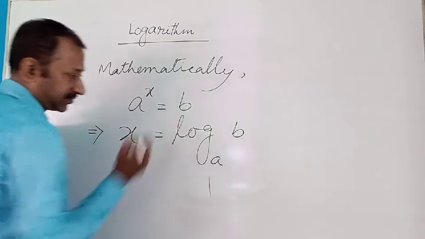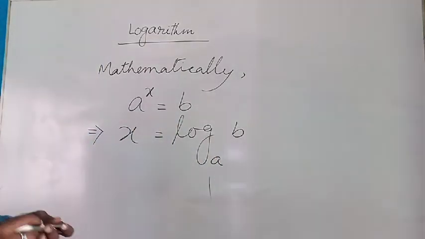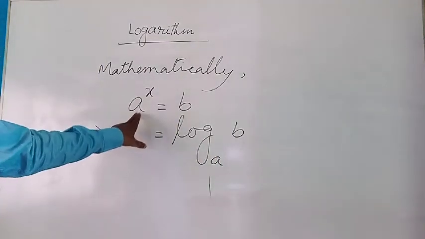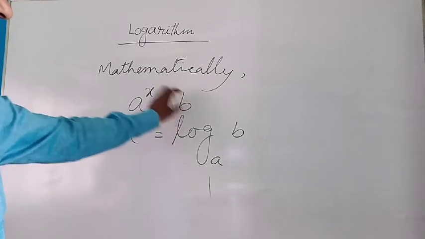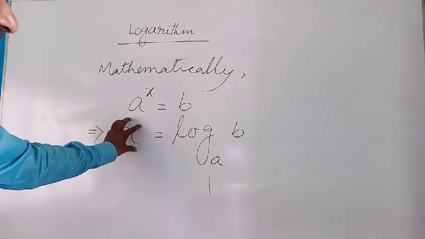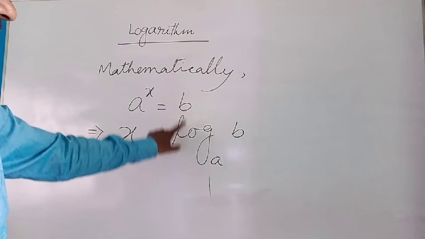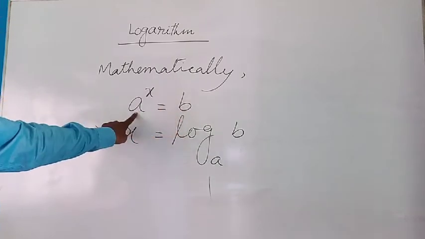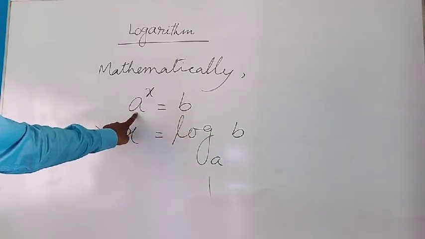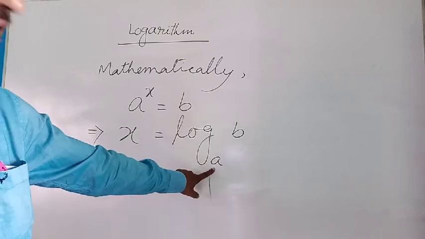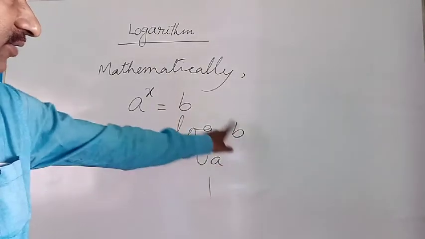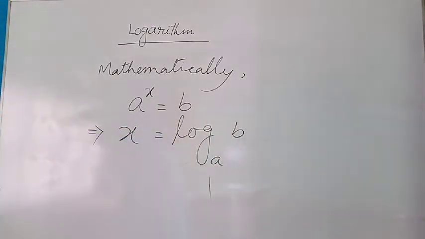Write like this. Okay, so a to the power x equal to b, so this exponent equals log b, here base is a, so base of the log will also be a, and the writing style of log is like this.